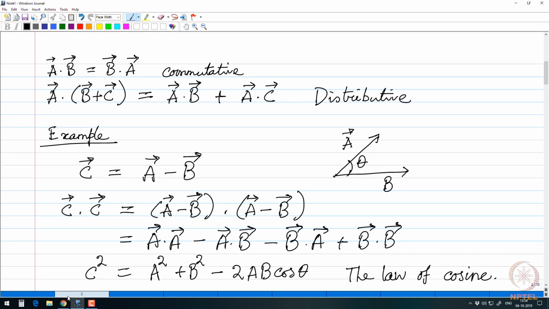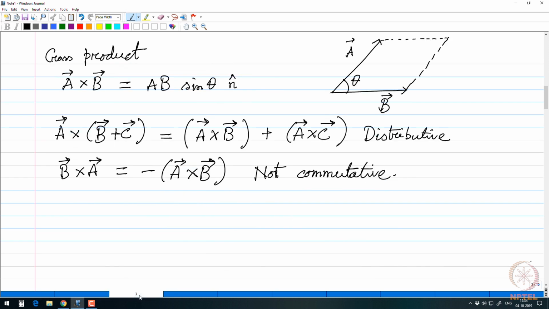So, if one of these, say B, was a unit vector, then A dot B would represent the projection of A onto B, that is this much length, and that is a scalar. While the cross product is a vector, it represents the area of this parallelogram with a direction that is perpendicular to this parallelogram. And depending on whether you are taking A cross B or B cross A, the direction would change.